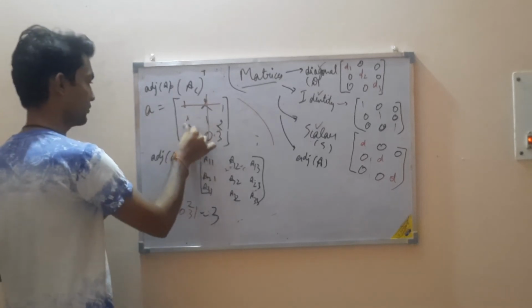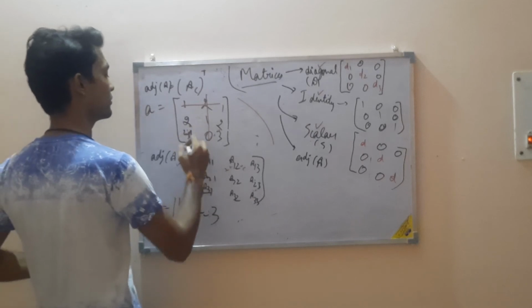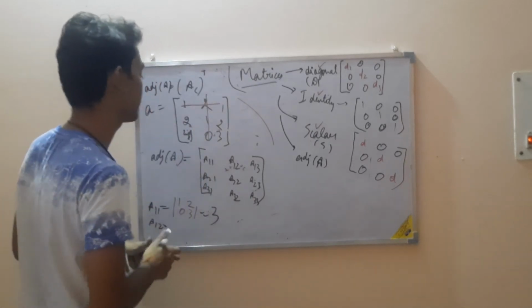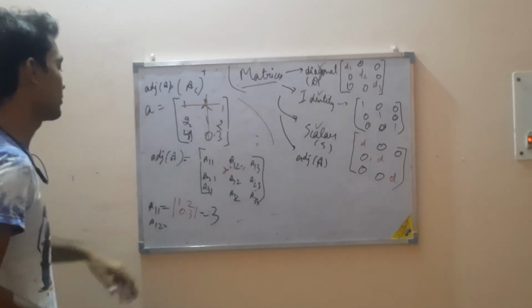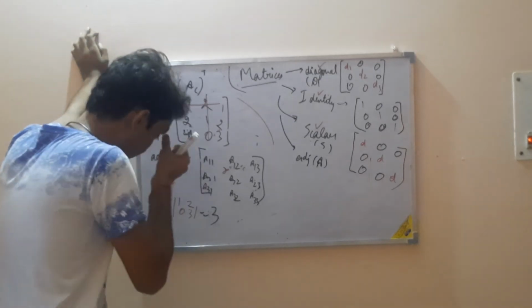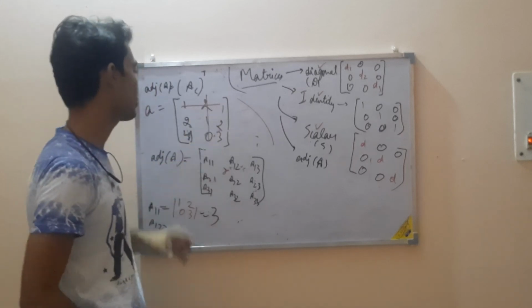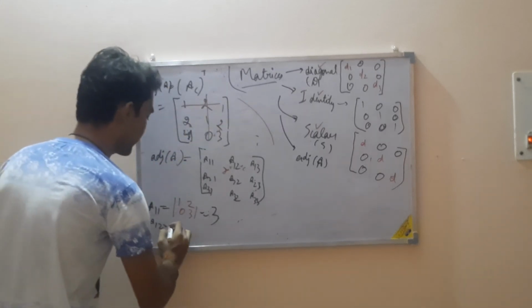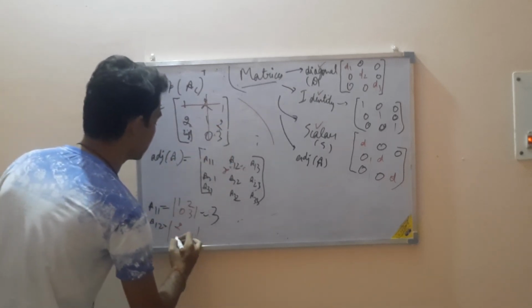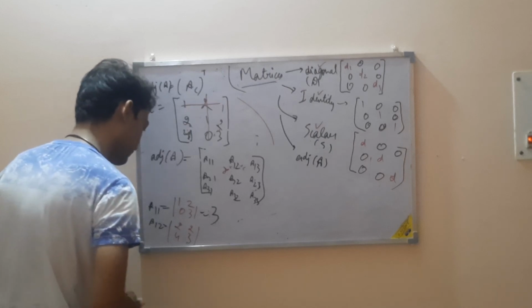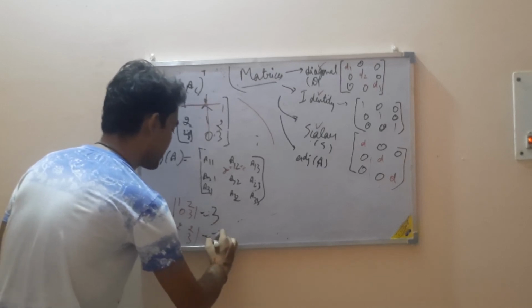So the remaining values, just pay attention, are 2, 3, 4, 2. So it will be 2, 3, 4, 2. And the determinant of this 2 by 2 matrix will be 6 minus 8, which is minus 2.